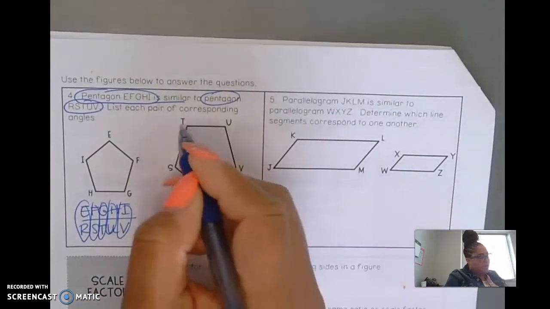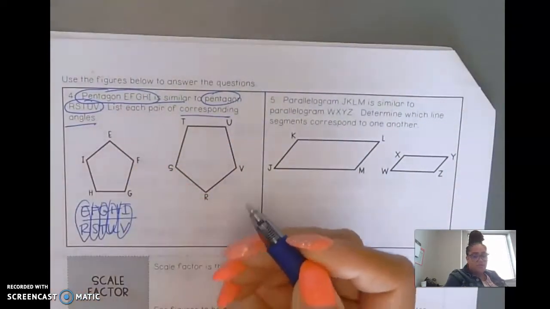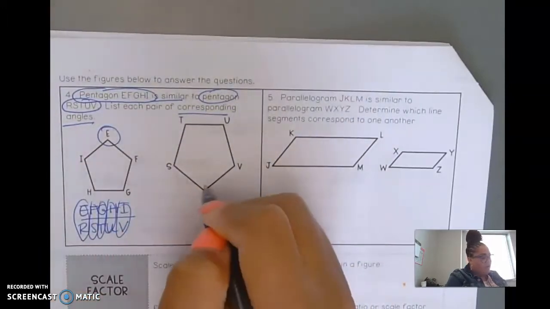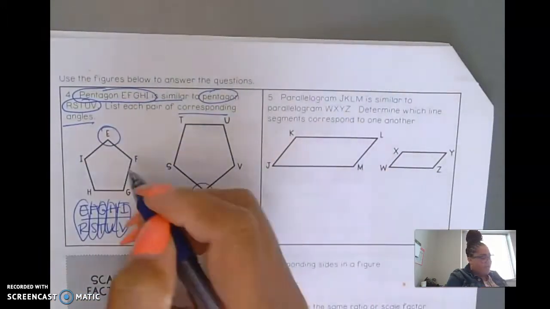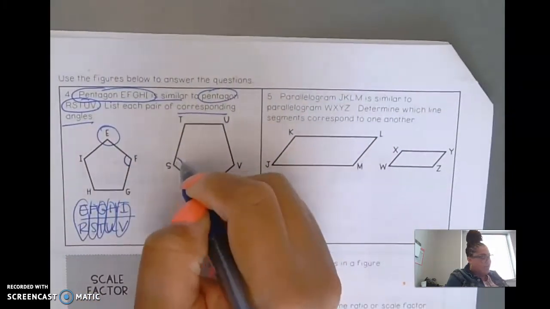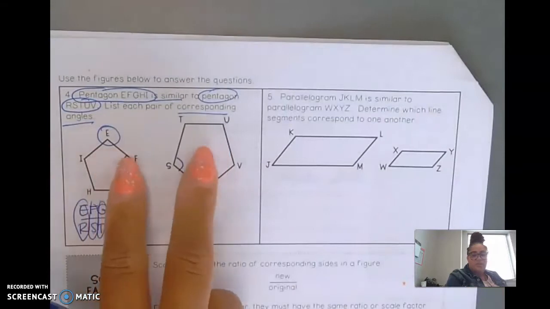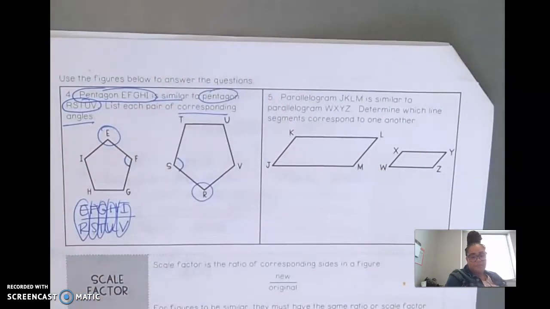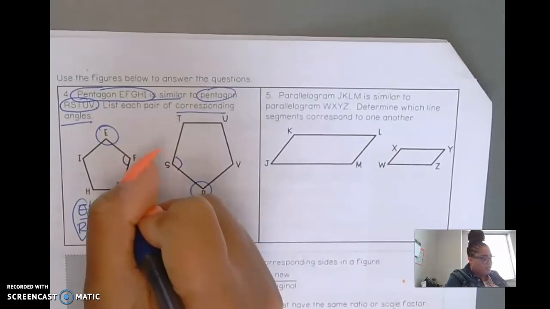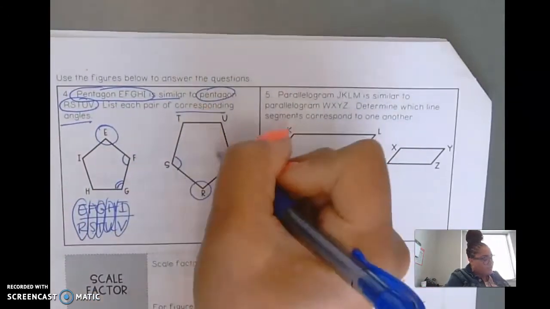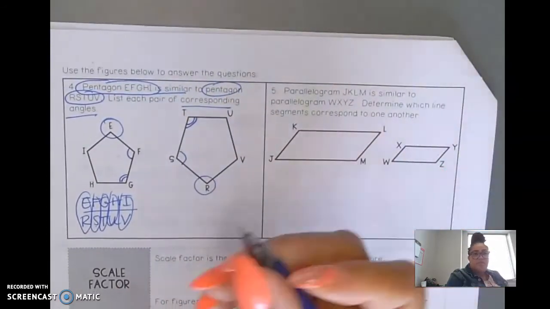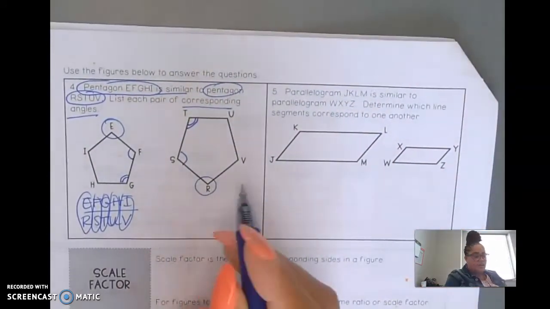Here it asks for the corresponding angles. So angle E corresponds to angle R. Angle F, I'm going to put one curve there, corresponds to angle S. It looks kind of weird because one of these is flipped upside down. Angle G, I'm going to give it 2 humps, corresponds to angle T, and I'm going to give that 2 humps. Okay, so that's how we identify corresponding angles.